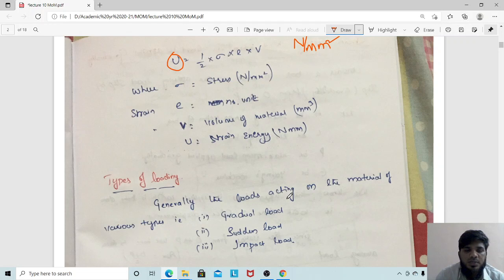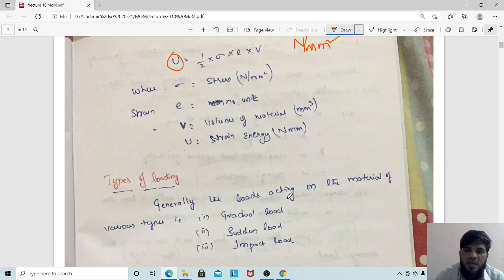The person sitting behind can apply the load gradually while stepping into the vehicle and sitting on the back seat, so the spring will be compressed to some extent. Suddenly you are moving and some bumps come, so sudden loading happens. And impact is when you apply a sudden brake.